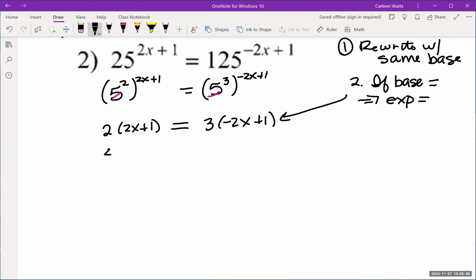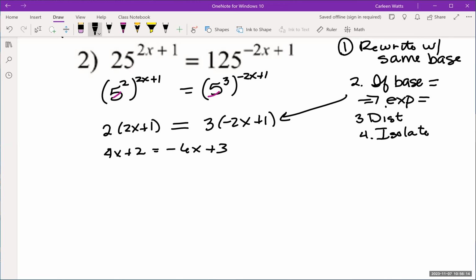Distribute. So 4x plus 2 is equal to negative 6x plus 3. Distribute. Now we are isolating. Okay, who should I move? Which x's? Now, am I going to add those x's together or do the opposite to move it?